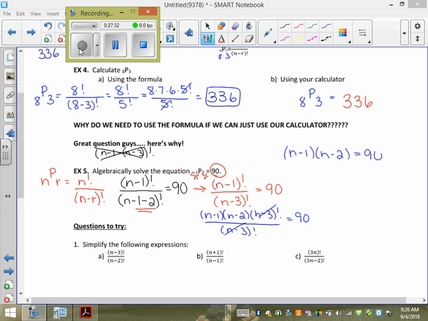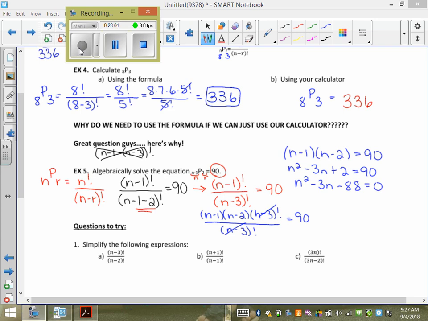We need to FOIL them, so we get n squared minus 2n minus 1n, so minus 3n plus 2 equals 90. And then some people try and factor that. Remember, we can't do that until we have it equal to 0. You cannot solve a quadratic or anything greater in degrees, so degree 2, degree 3, degree 4, unless it's equal to 0. So we get n squared minus 3n minus 88 equals 0.